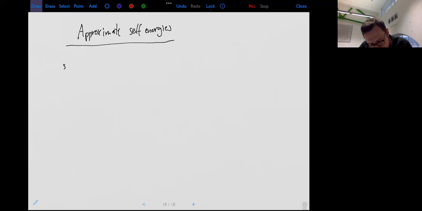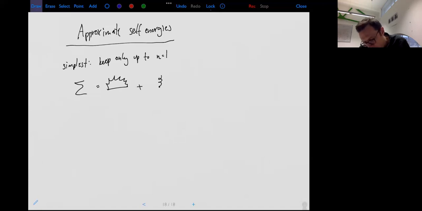The simplest thing is to go order by order, that is, keep only up to n equals 1 terms, right? And then basically what we get is that the self energy is a sum of these two diagrams, each one having one interaction line. But I already told you that this diagram is related to Fock exact exchange, and this diagram is related to Hartree interactions. So this theory is nothing but Hartree-Fock.